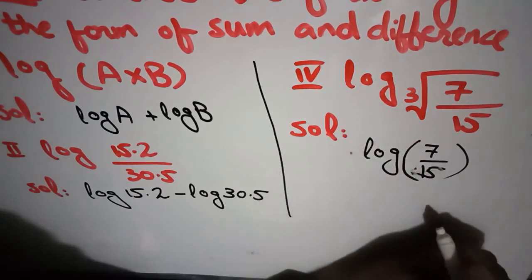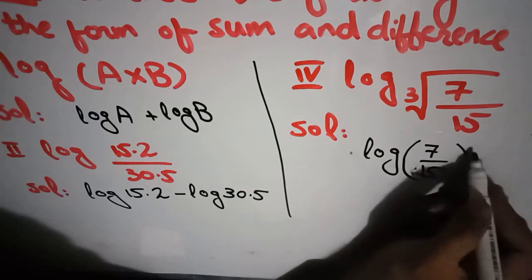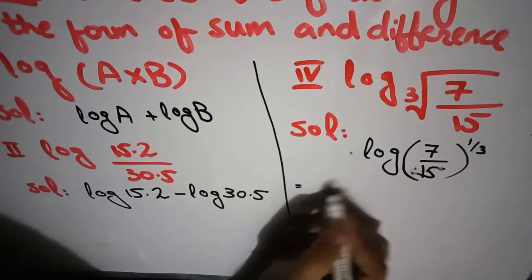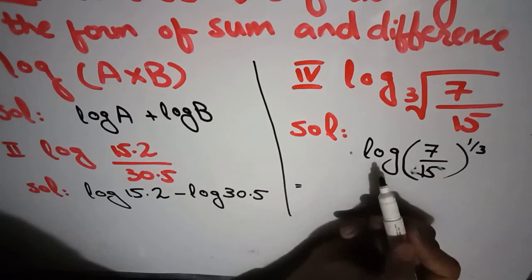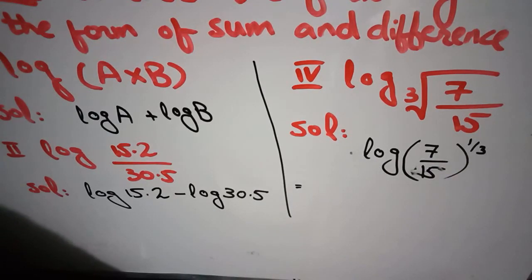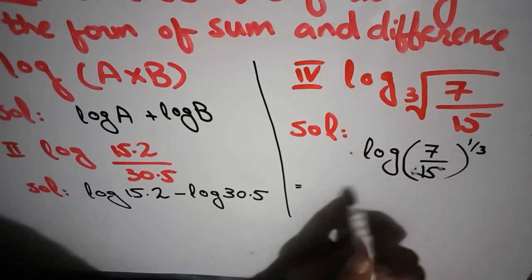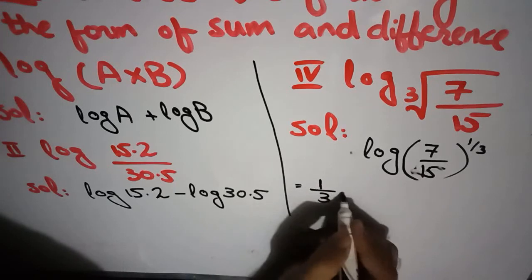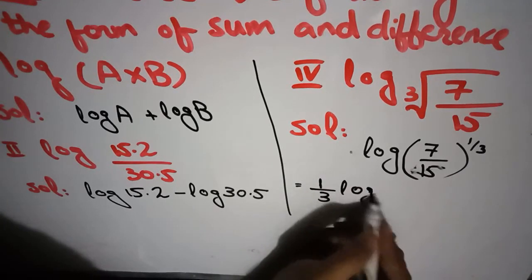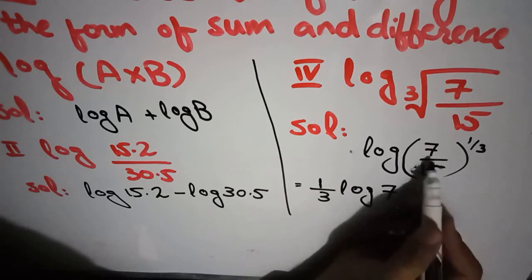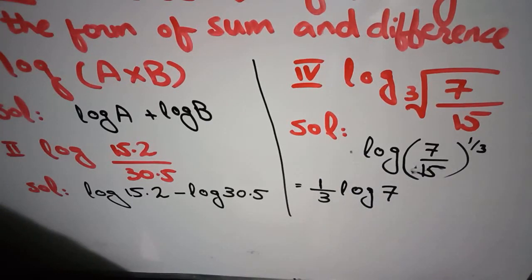The cube root, the radical form, will be changed into the exponential form. Okay, now the property of log will be applied. This power will come before the log. You can write 1 over 3 log 7, because another property of log is applied here.